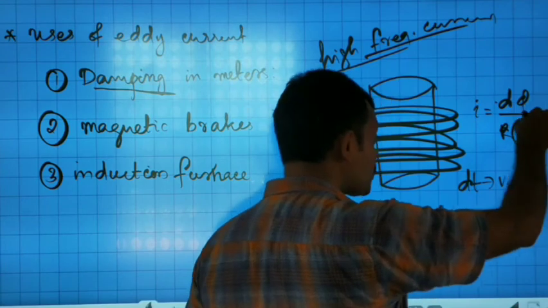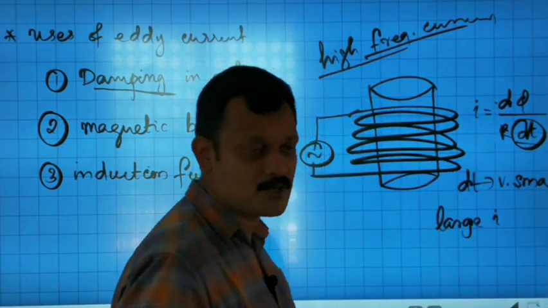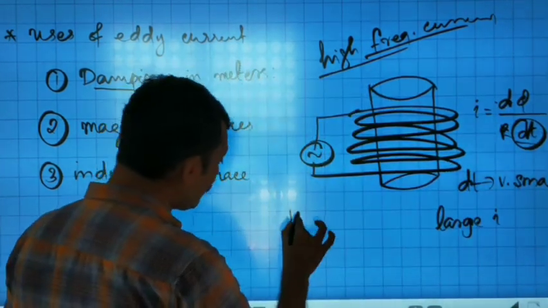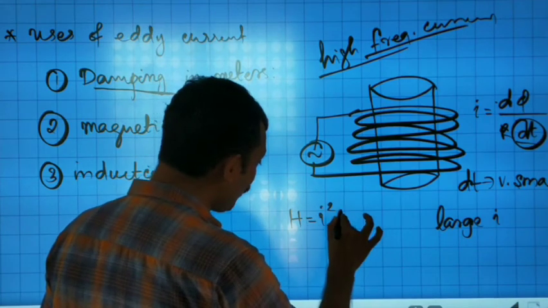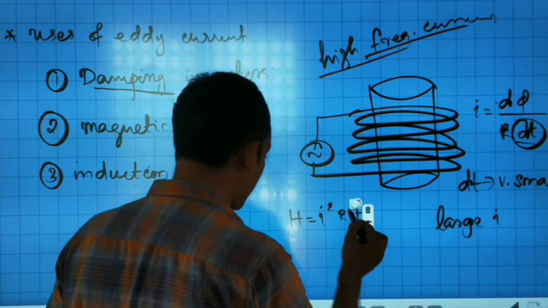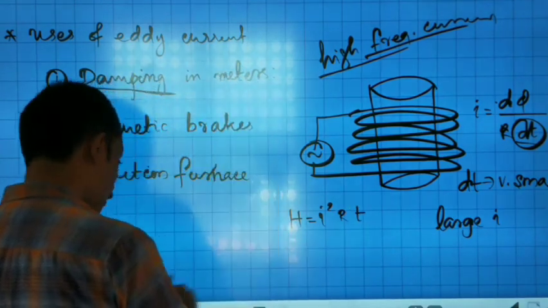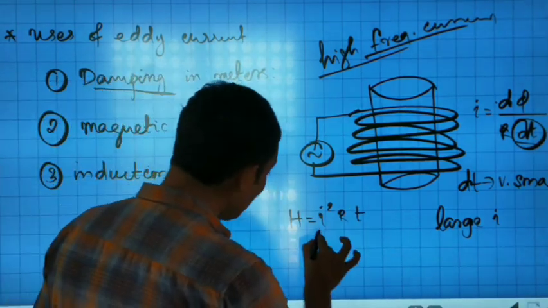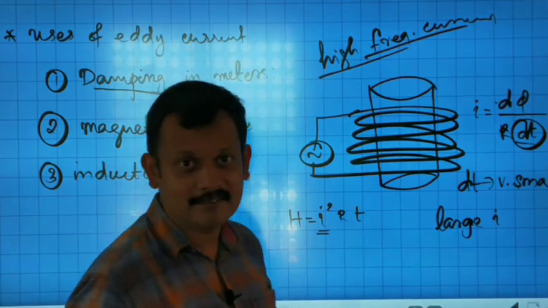As a result of small dt, a large current will be induced here, which means the heat produced, equal to I squared R t, will be very large, since I is a very large quantity.